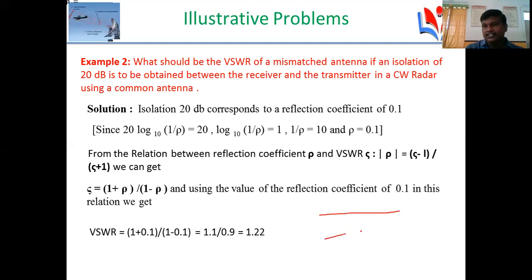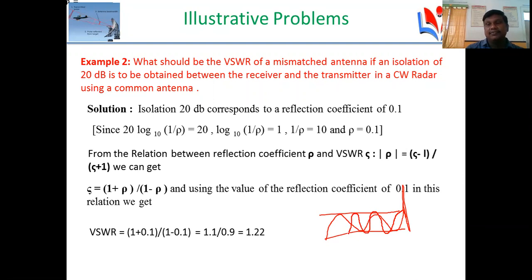If this is the waveguide and it is not properly terminated, the signal passing through the waveguide will be reflected back from the mismatched termination, and the reflected signal will stand in the waveguide. This is called standing waves.